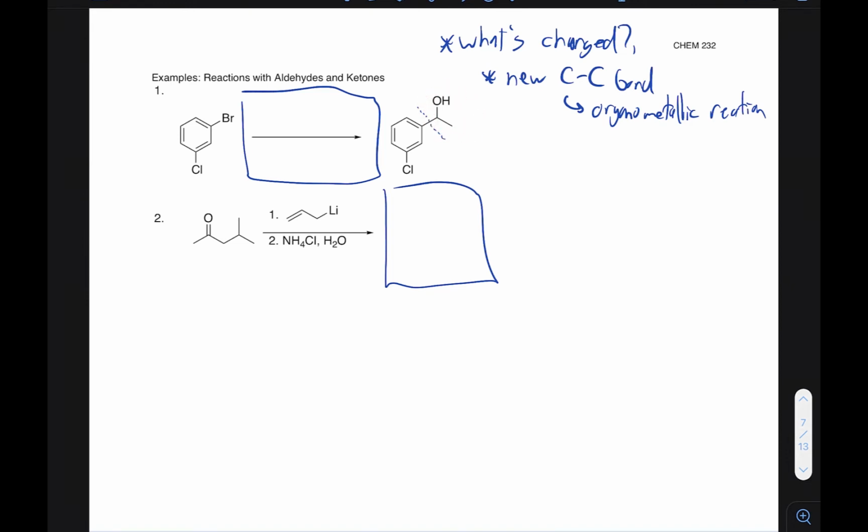Again, we're learning about these aldehyde and ketone reactions, so we know that the source of alcohol here must come from the corresponding carbonyl. This is the only reagent that makes sense to form this reaction.